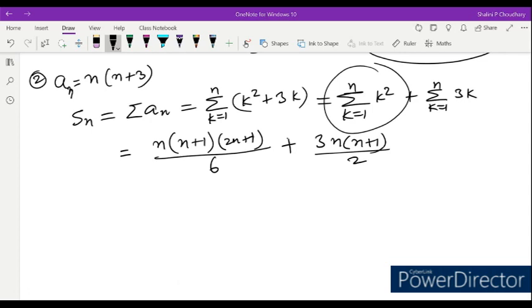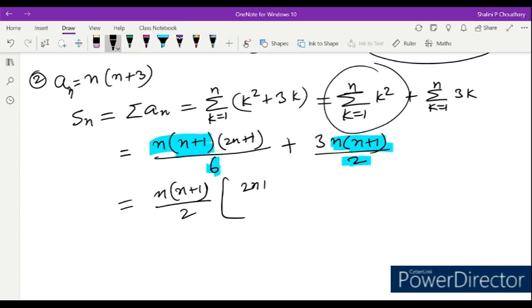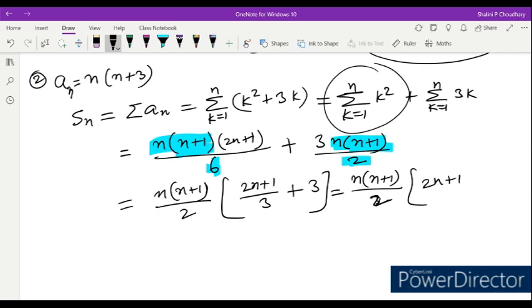Now what will we do? In both you can see n into n plus 1 divided by 6 and n into n plus 1 divided by 2, from here we can take common. So we can write here n into n plus 1 divided by 2, we have taken common, so what value are we getting, 2n plus 1 divided by 3 and plus 3. Now we'll simplify this: n into n plus 1 divided by 2, and 2n plus 1 plus 9 divided by 3.